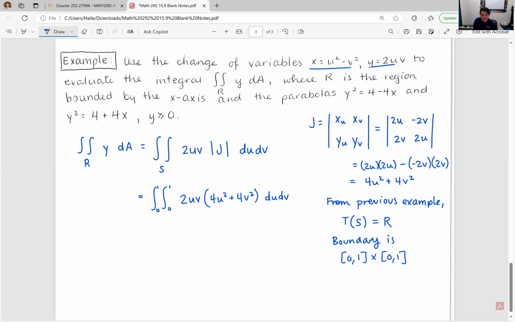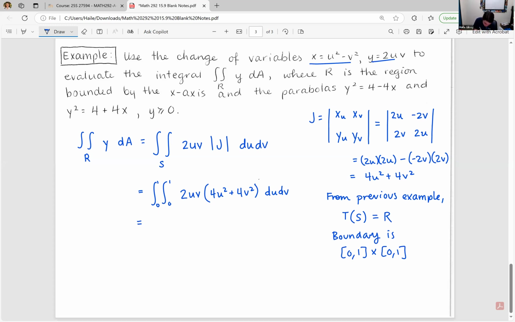So now this is a very doable integral. Let's distribute and get to integrating. So we're going to have the integral from 0 to 1 of the integral from 0 to 1 of 8u cubed times v plus 8u times v cubed du dv.